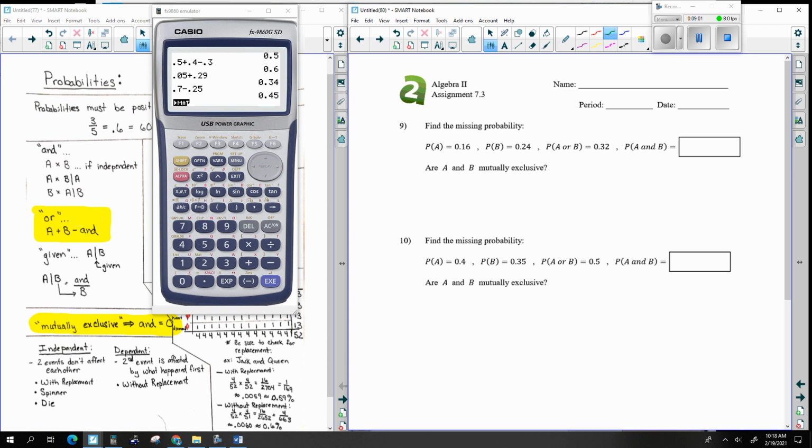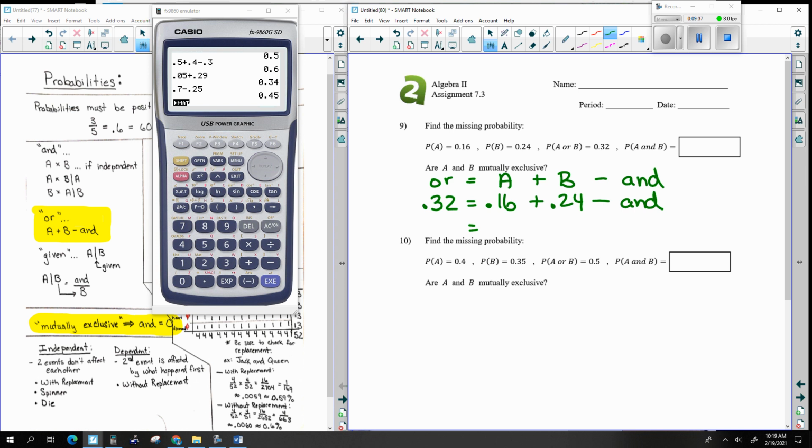All right, here we go. The word or is equal to A plus B minus and. So A is 0.16, B is 0.24, or is 0.32. The question is, what is and? I am going to consolidate these numbers that are on the right-hand side.